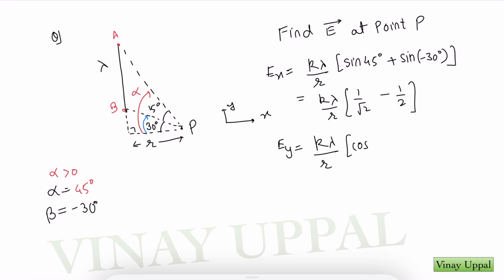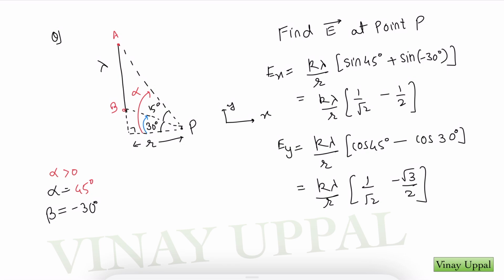So cos alpha is cos 45 minus cos beta. So cos of minus 30 is simply cos 30. So this will be your x and y components, and you can just write down E vector as Ex I cap plus Ey j cap. That will be your final answer.